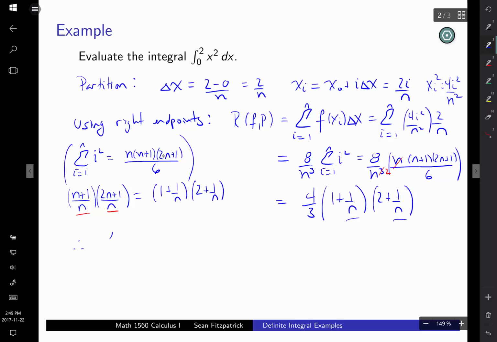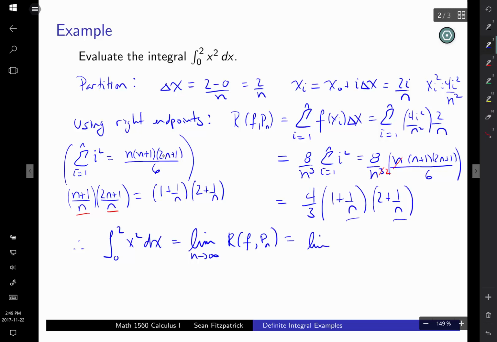Okay, the integral from 0 to 2 of x squared dx. So we defined this last time. It's the limit as n goes to infinity of R_n, the Riemann sum for f and Pn, the partition with n rectangles. Well, that's what we just calculated.